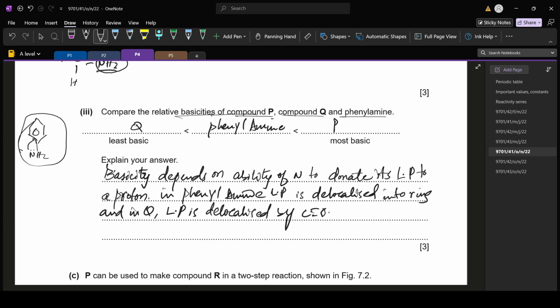And in P, the alkyl groups have a positive inductive effect. Okay, so these are your reasons. That's why Q is least basic and P is most basic.